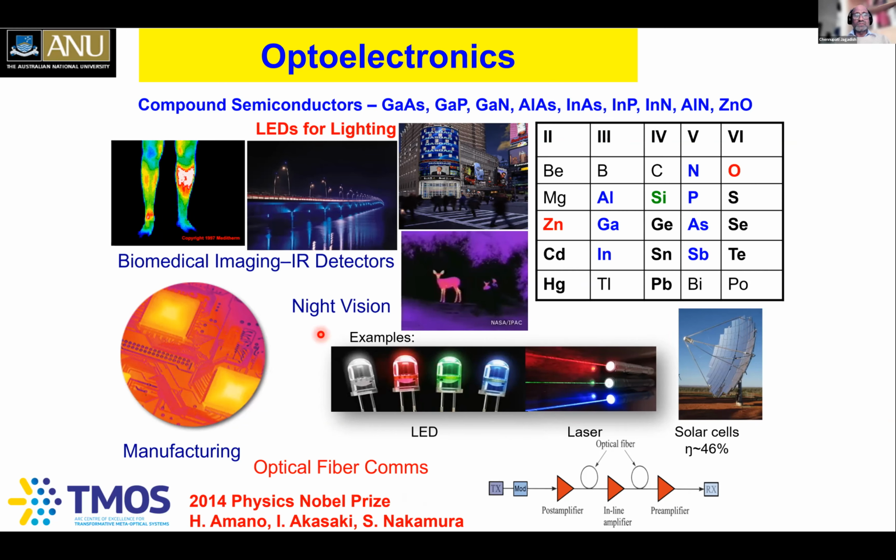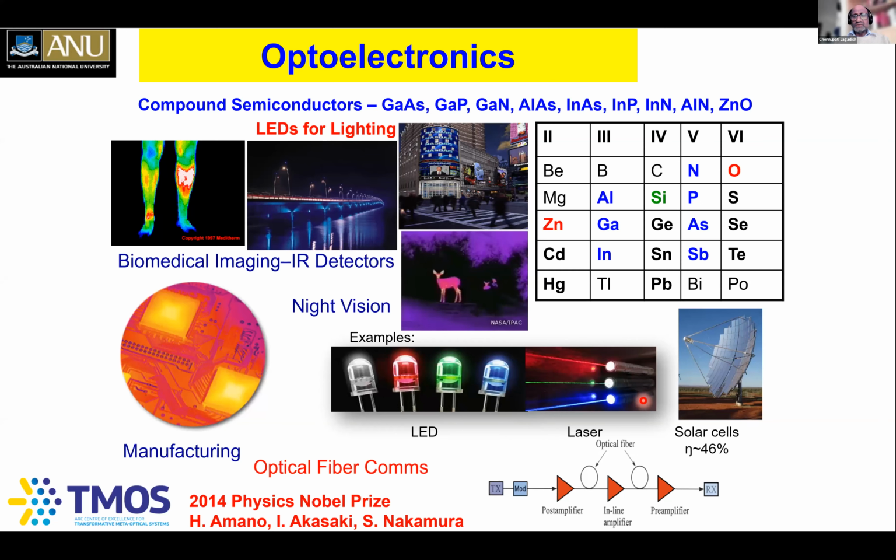We call this solid state lighting. Nowadays there are also large area displays made out of these LEDs, because these LEDs are very, very bright. The same materials used for making LEDs can also be used for making lasers. And you cannot imagine a modern life without lasers.